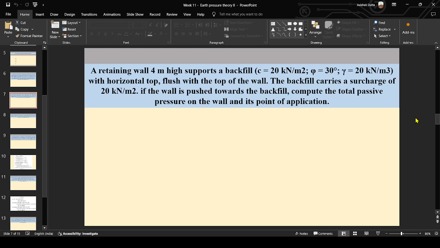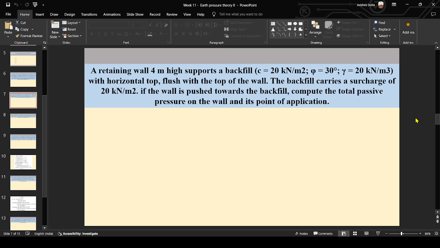A retaining wall 4-meter high supports a backfill for which the cohesion is 20 kilonewton per meter square, angle of internal friction phi equals 30 degree, and unit weight gamma equals 20 kilonewton per meter cube, with the horizontal top flush with the top of the wall. It means it is level with the top of the wall.